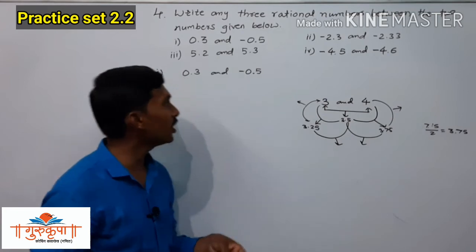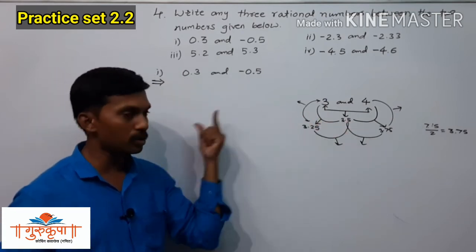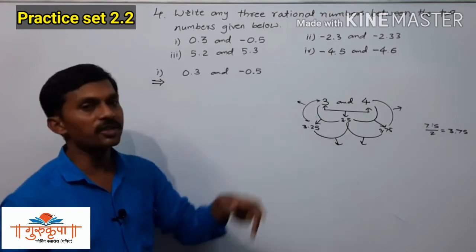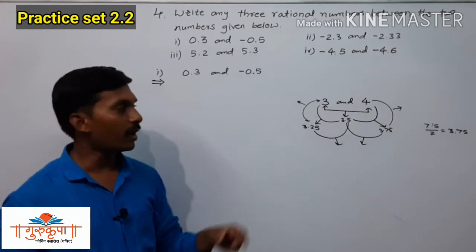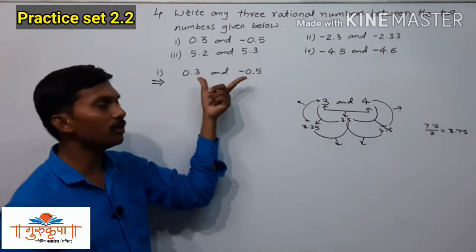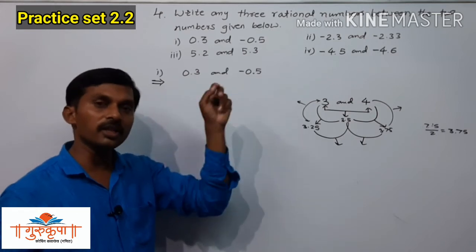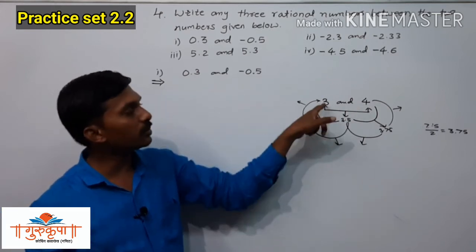But here we are not using this method. You can use that method also, but it is taking too much time. We have a simple option to write the three rational numbers. We only have to write three numbers, though there are infinite numbers between the given two rational numbers.